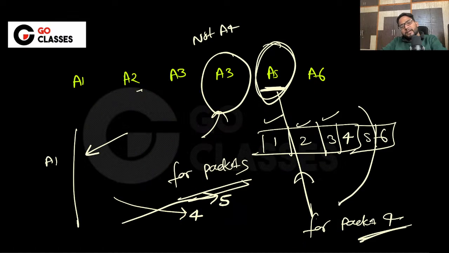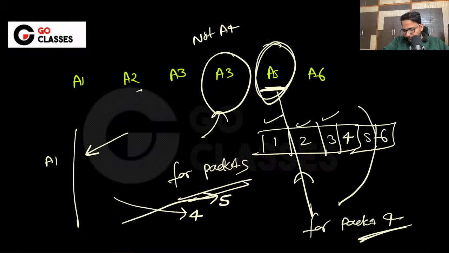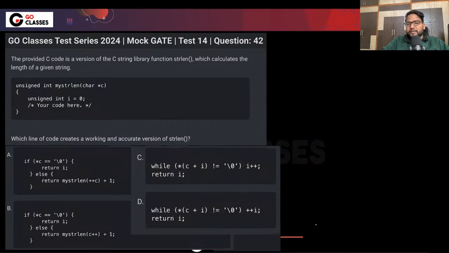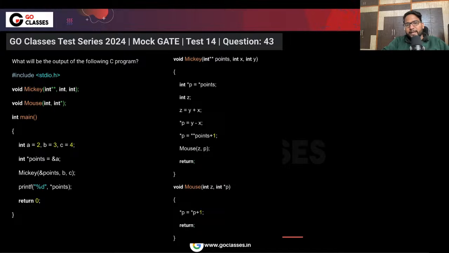Network can duplicate, but here either the ACK or the data could be duplicated, but here it was not the case. Okay, so let me just skip this question. You can try this question, right? Similarly, I'm skipping this question.